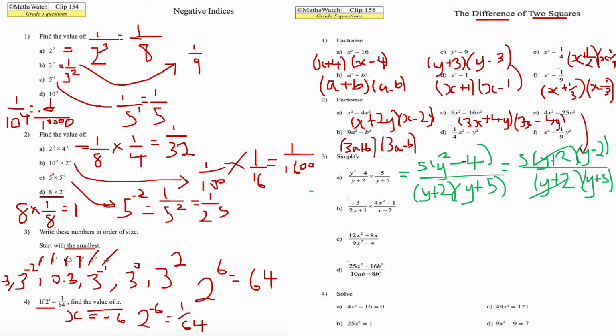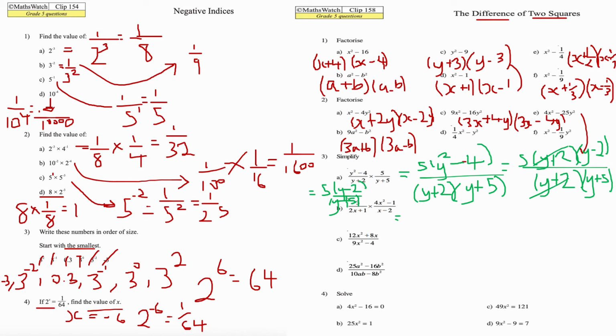So my final answer, and I'll try and write it a bit smaller here, is 5 lots of y minus 2, all divided by y plus 5. Okay, and that's in its simplest form. Okay, I can't cancel anything down any further. Okay, I can't cancel the 5 with the 5. Okay, because it has to be a product.